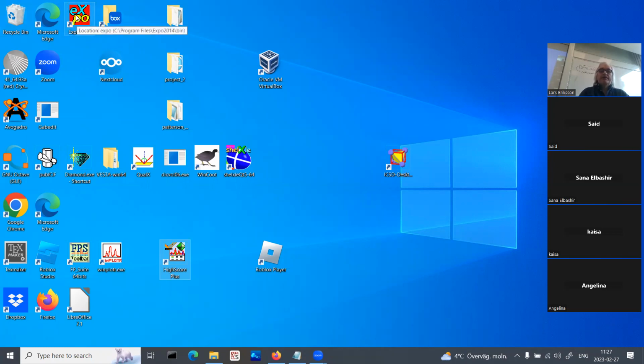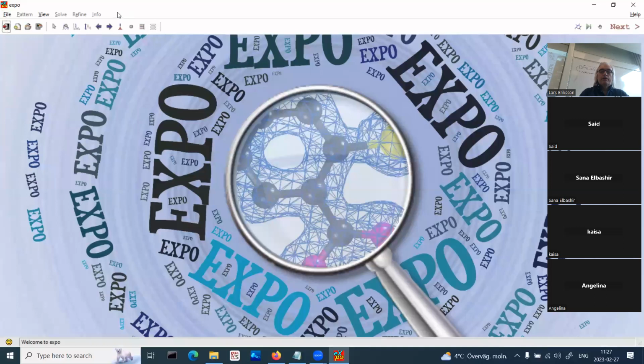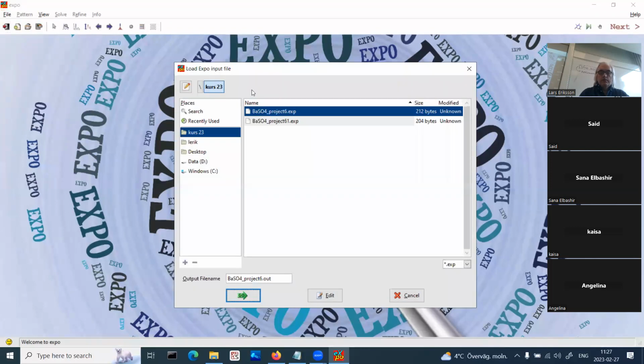We can see how it is done in EXPO. File, load and go. Barium sulfate, we shouldn't. Now let's see, here we can't find, we need to copy from Box because I don't think EXPO will find Box.